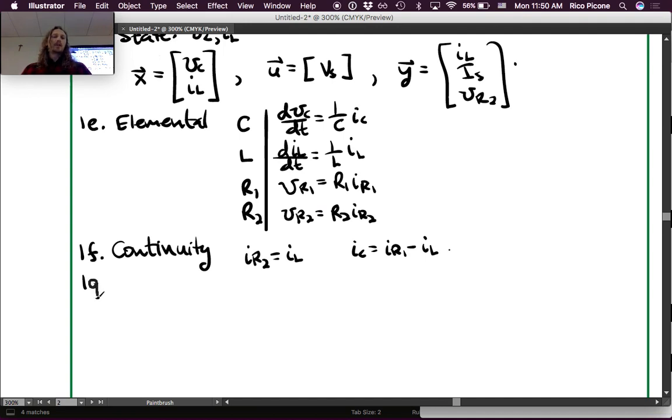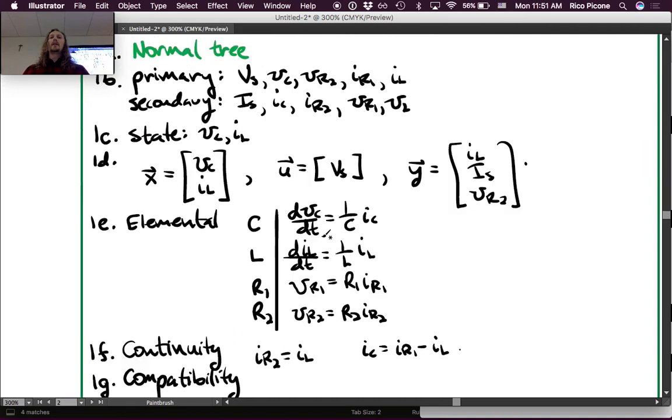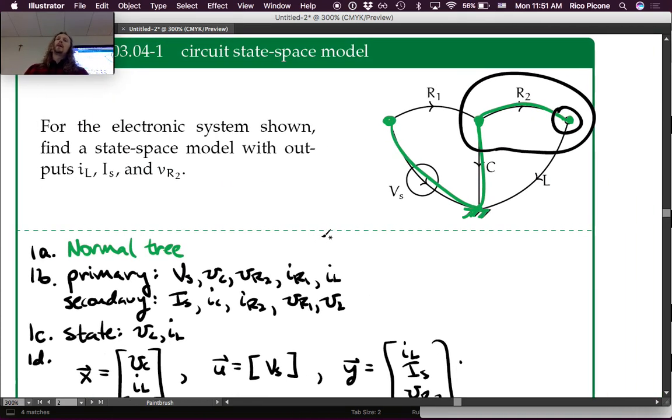So compatibility. The equations for compatibility are found by including each of these links in the normal tree momentarily, sort of like pretending like they're in there, and then writing the compatibility equation for that loop.